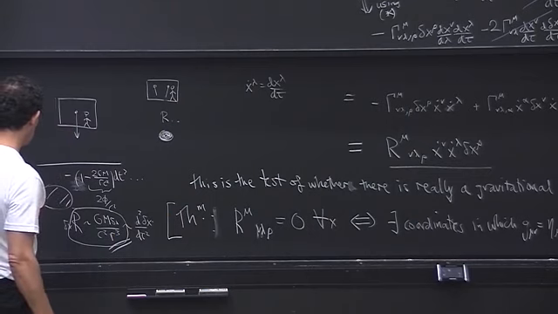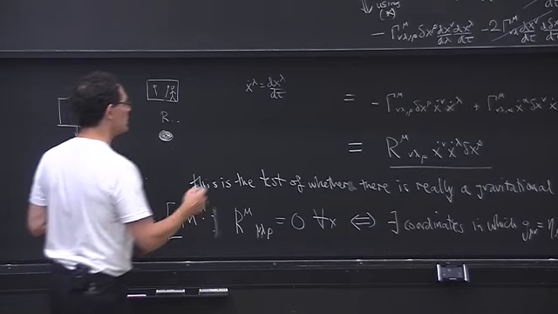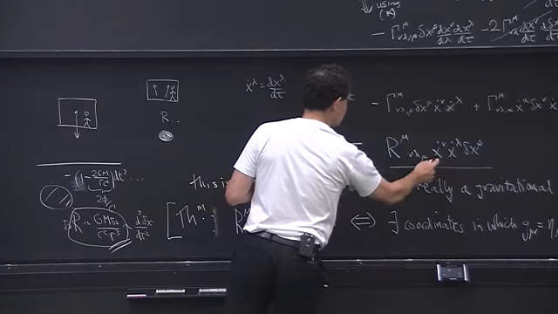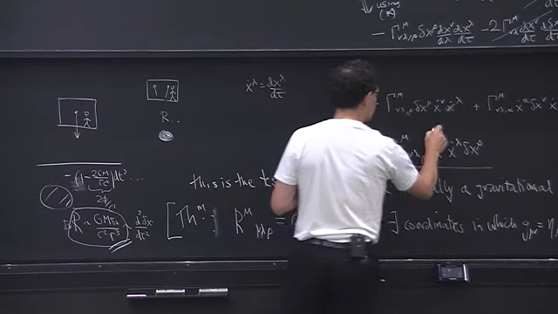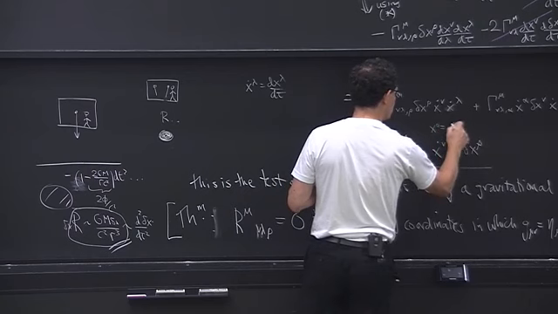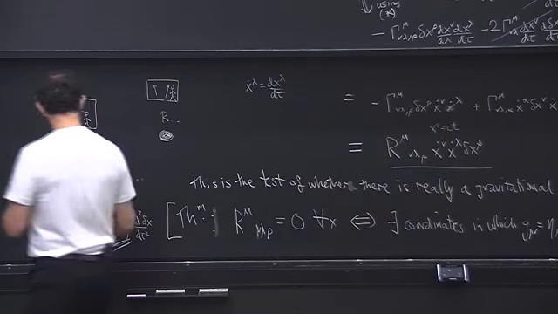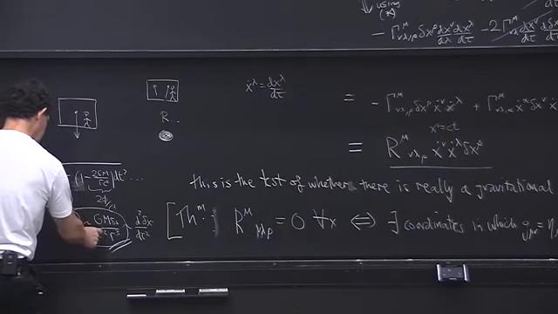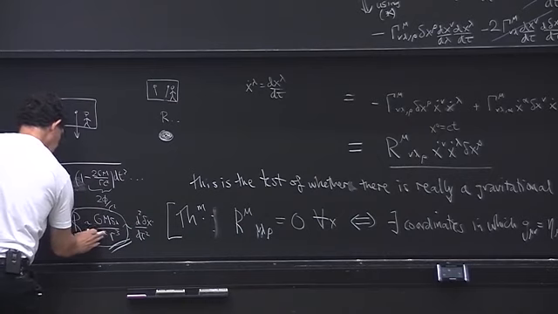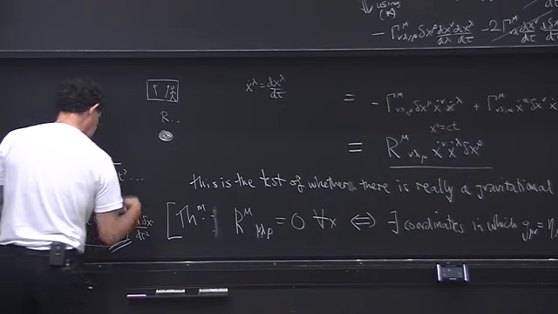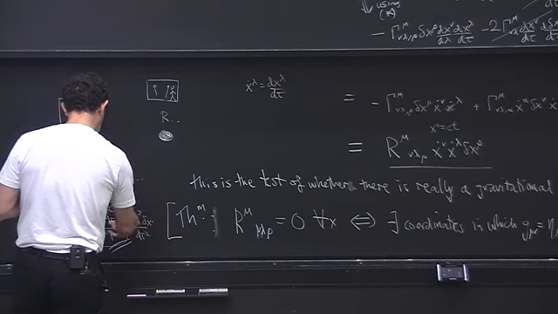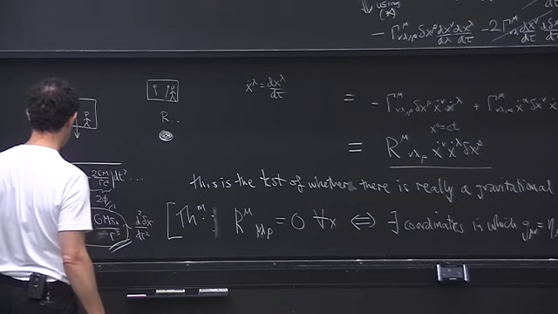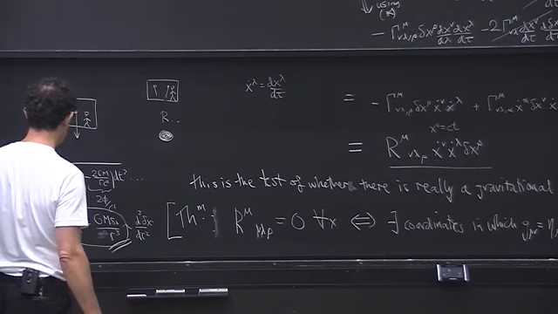So what that means is that there's actually a c squared here, because remember x naught equals ct. That c squared cancels this c squared. And so it goes like the following. Yes, I think that is hopefully the right dimensions.